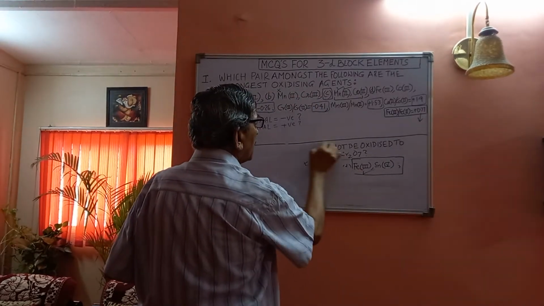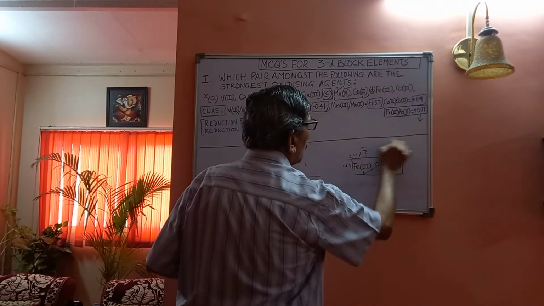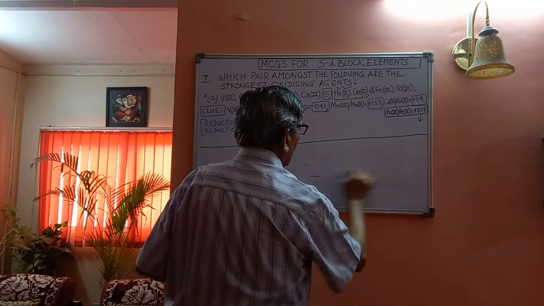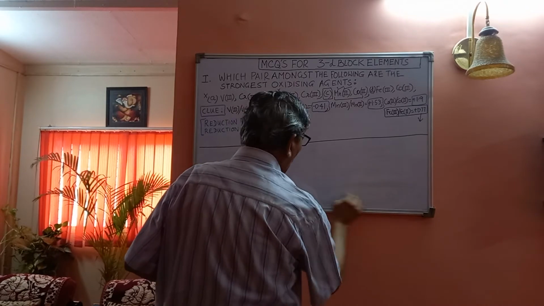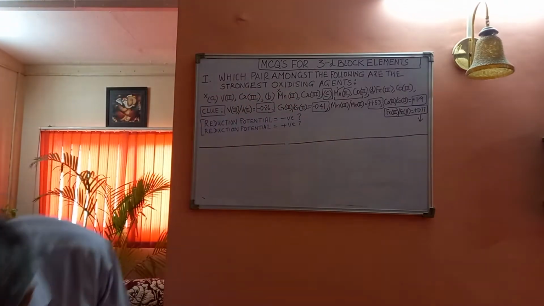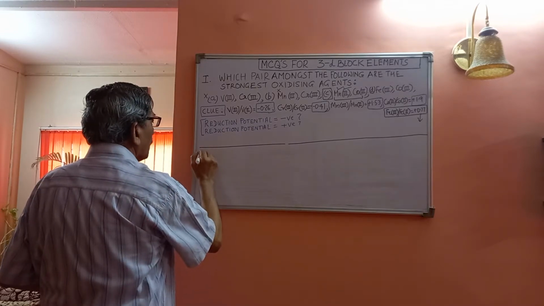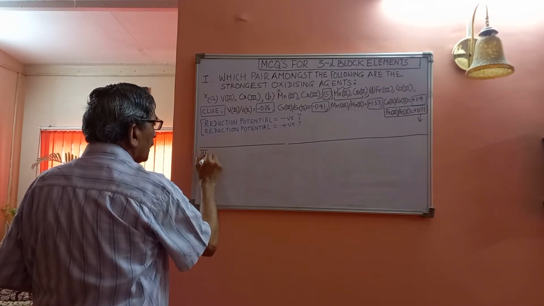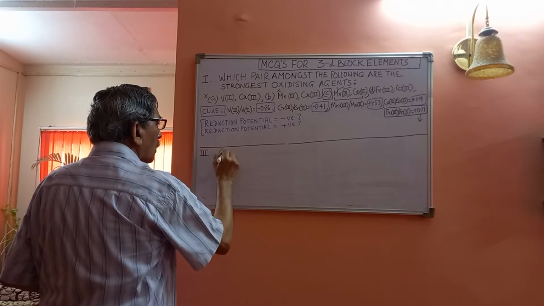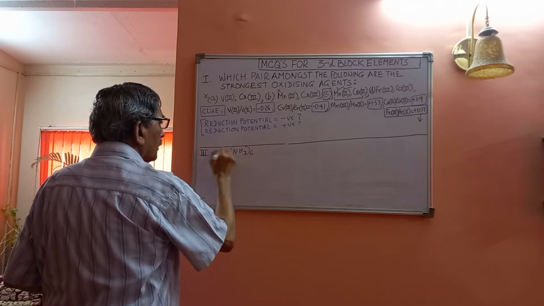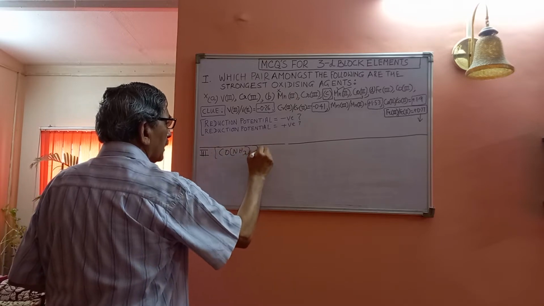So it is basically a hexaammine cobalt(III) complex, with 3 chloride anions outside. This is our question number 3, a multiple choice question. This is Co(NH3)6 Cl3.